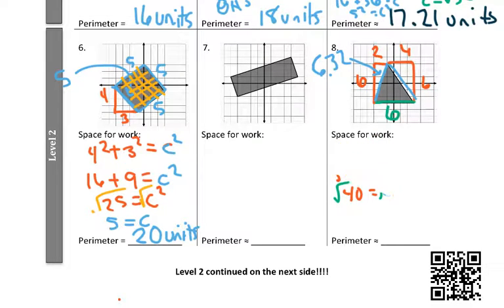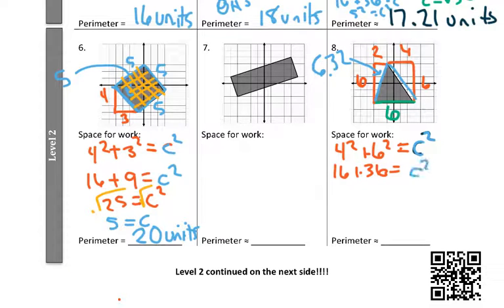Just so that I have enough space to work, on the iPad I have to write bigger than normal. 4 squared plus 6 squared, because those are my legs of my right triangle that I just drew, is going to equal c squared. Oh, I meant to put that in a different blue. Okay, so 16 plus 36 equals c squared.